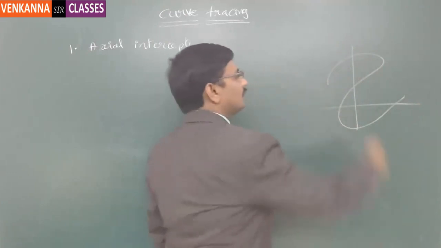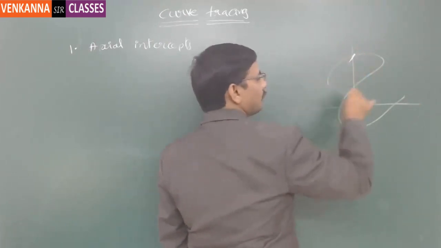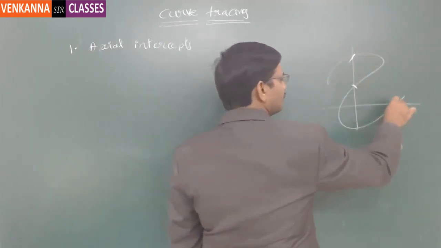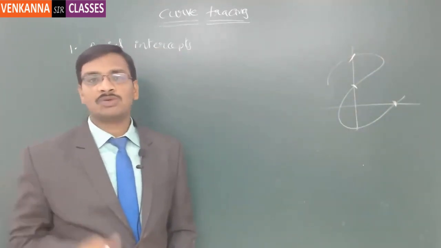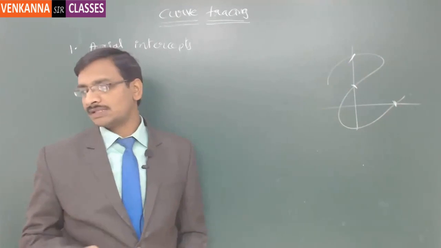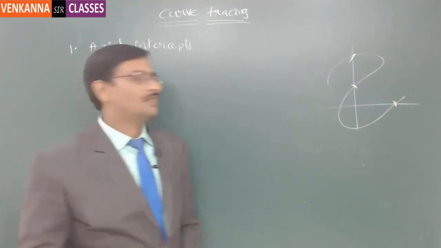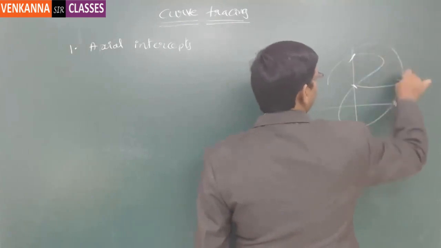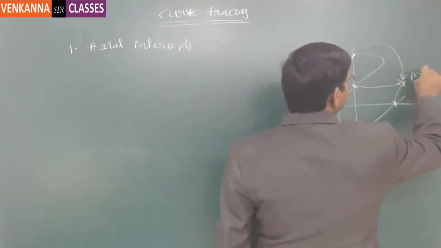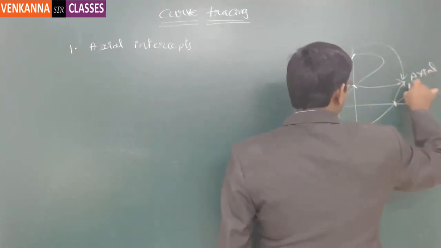This curve is intercepting at this point, at this point, and at this point. These are intersections with respect to the standard x-axis and y-axis, and these are called the axial intercepts. So this point and this point are nothing but axial intercepts.